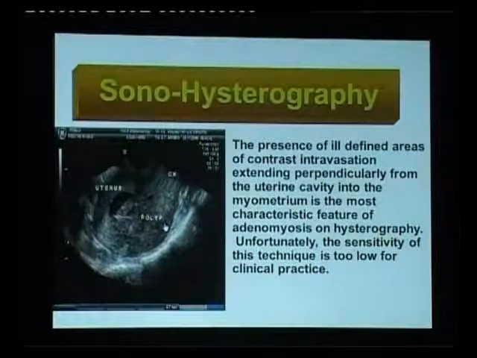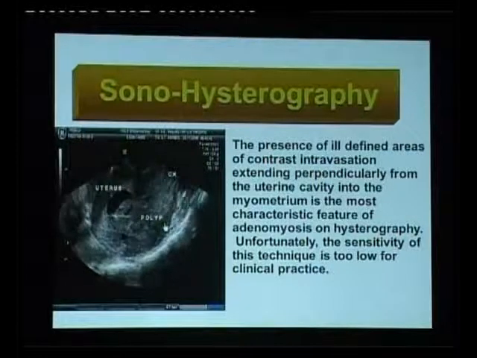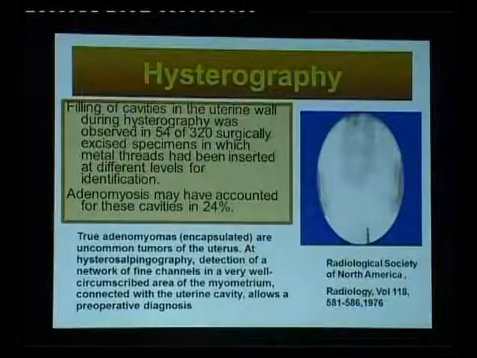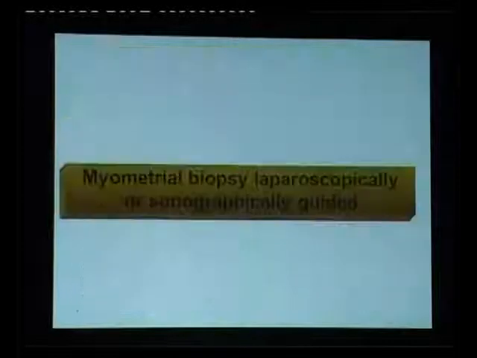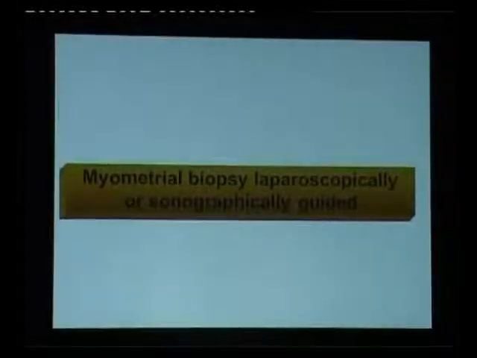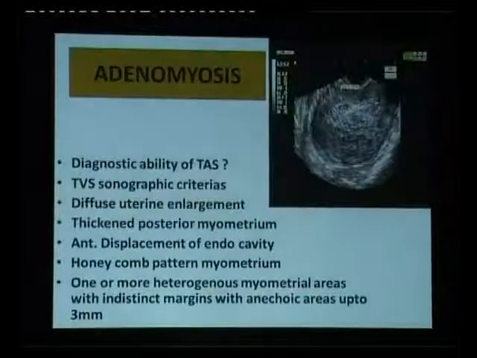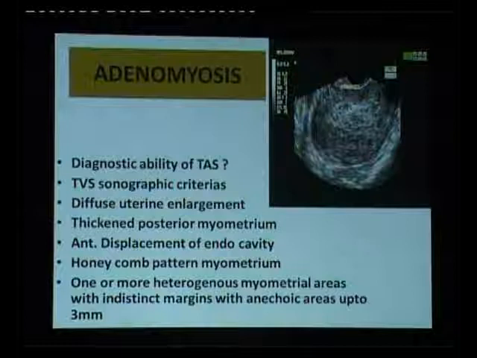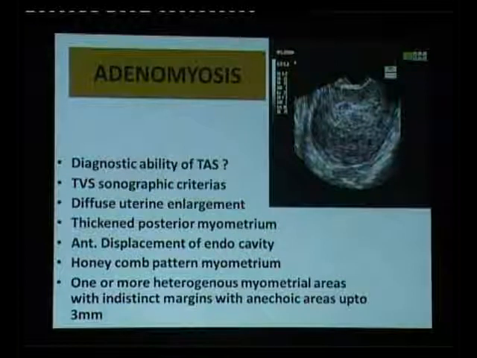But unfortunately, the sensitivity of this technique is also very low. Similarly, on hysterosalpingography that intravasation can be seen, but again, biopsy is what will give you the exact diagnosis. Now, how do you actually suspect or diagnose adenomyosis?